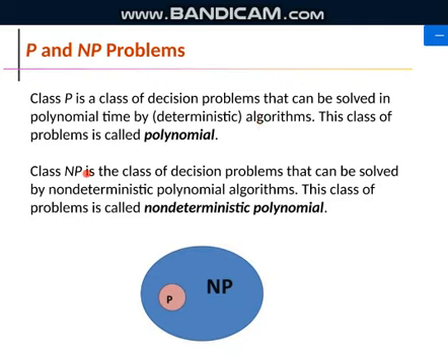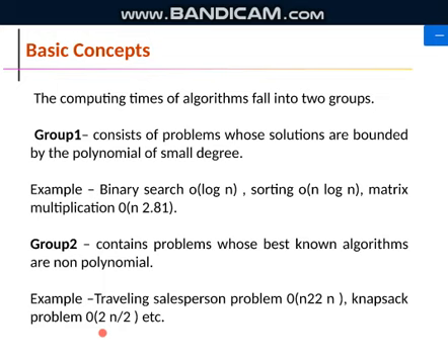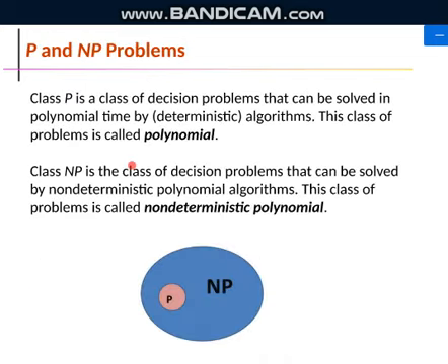See, non-deterministic means, as we discussed, we are trying to reduce it to polynomial terms. But how to reduce it to polynomial terms? See, this traveling salesman problem and all, it is in terms of exponent, isn't it? So how to reduce it to polynomial?